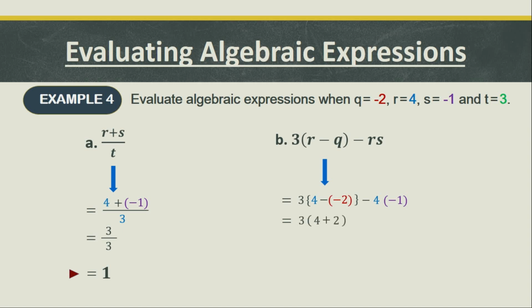And then multiply negative 4 by negative 1. The answer is positive 4 or plus 4. Simplify 4 plus 2 equals 6. And this will be equals 3 times 6 plus 4. Multiplying 3 by 6 equals 18. Copy plus 4. Then 18 plus 4 equals 22.